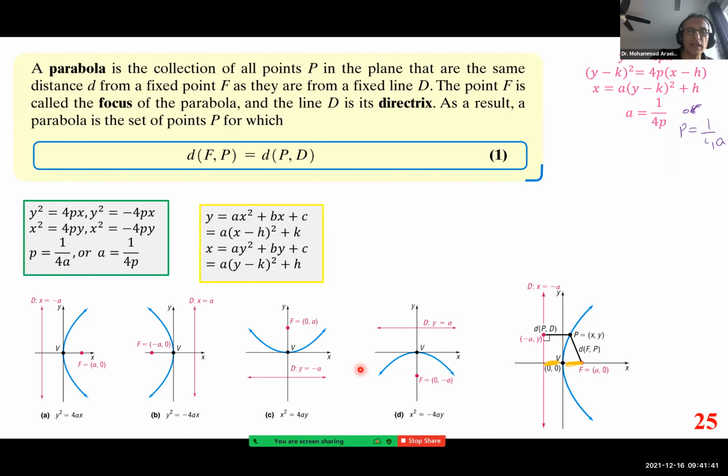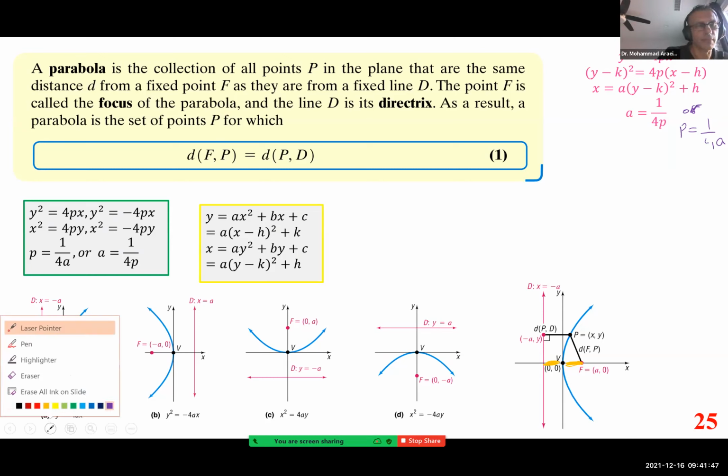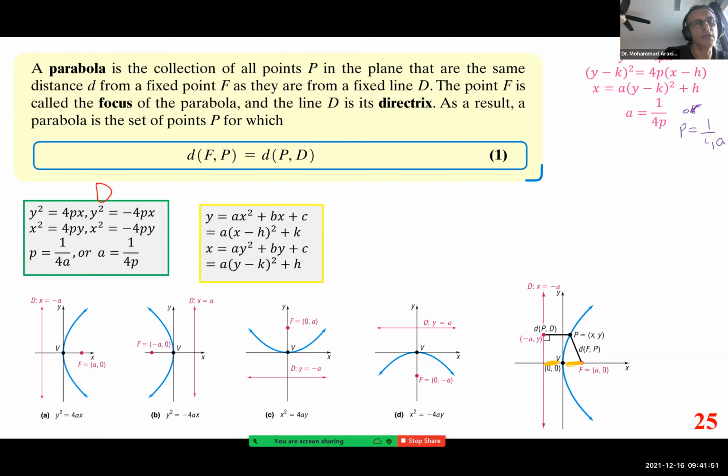So please understand, the directrix and the axis of symmetry are perpendicular. D is perpendicular to the axis of symmetry.